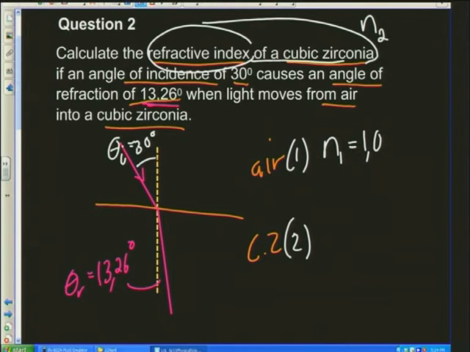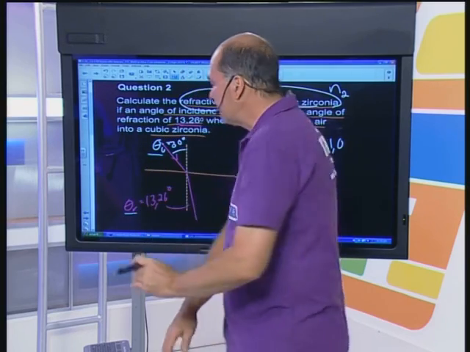Now, what about the cubic zirconia? We don't know what it is. We're trying to find it. So what equation links the refractive index to angles, and lets me find a missing one? I've got 3 bits of information, and there's one that I'm missing. You've got it. It's Snell's law.